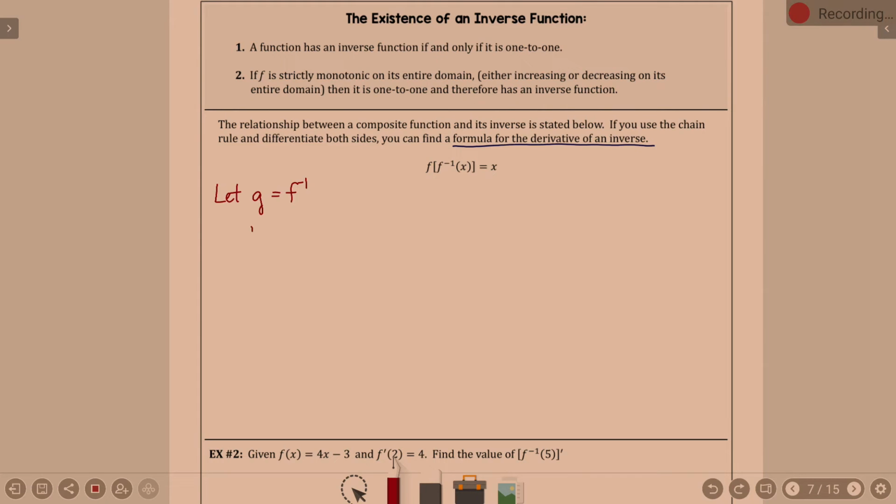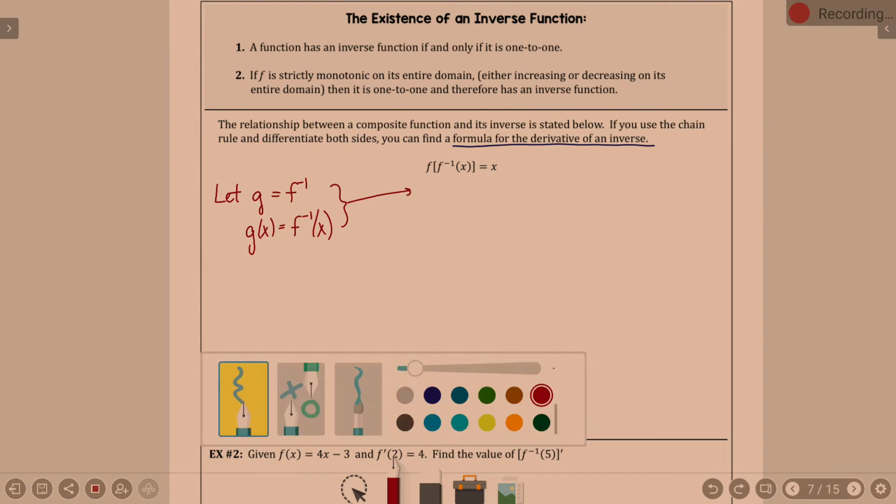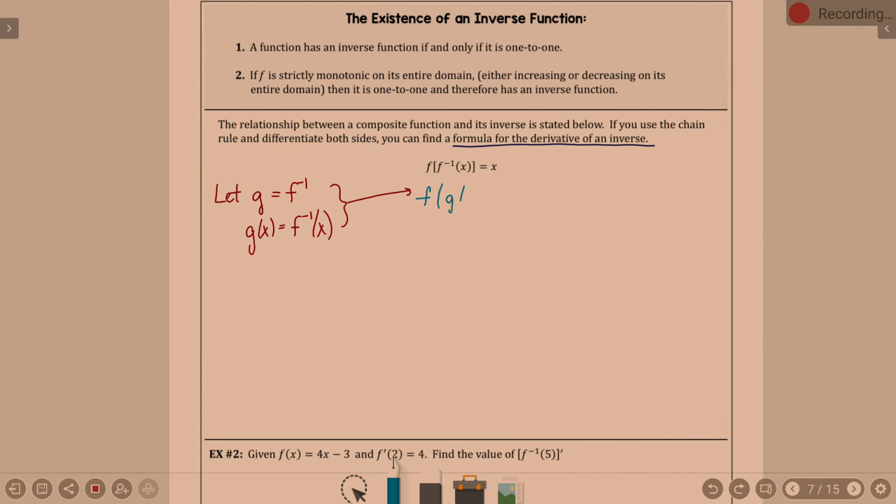In other words, I'm saying let G of X equal F inverse of X. So with that idea in mind, I'm going to rewrite this as F of G of X equaling X. And it'll be a lot easier. And then at the end we can go back and sub G with F inverse. Because it's no fun trying to write all the primes and derivatives together.